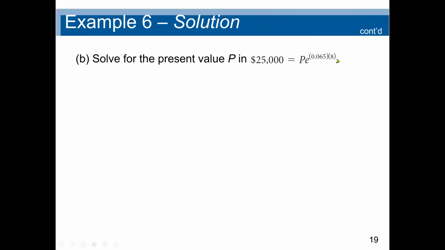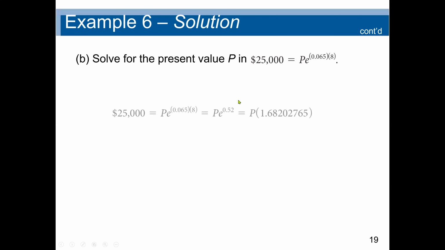So we know the time period is 8 years, and the rate is 6.5%, so that is 0.065. We don't know P, the amount we have to invest, but our future value is given. We want to get 25,000.